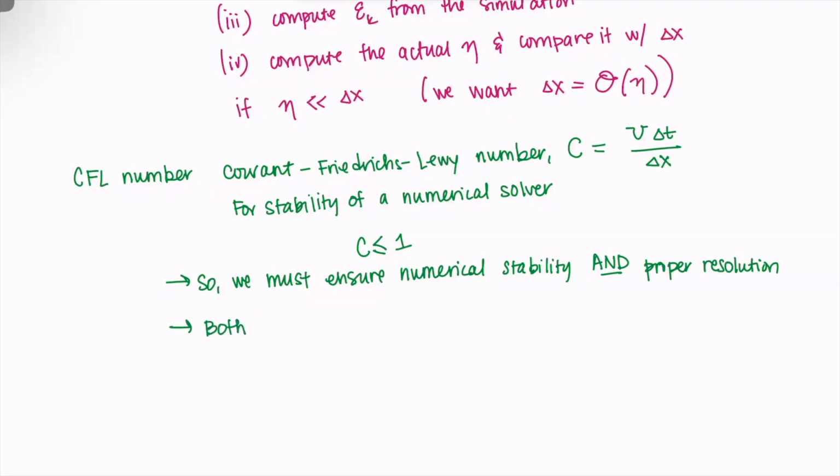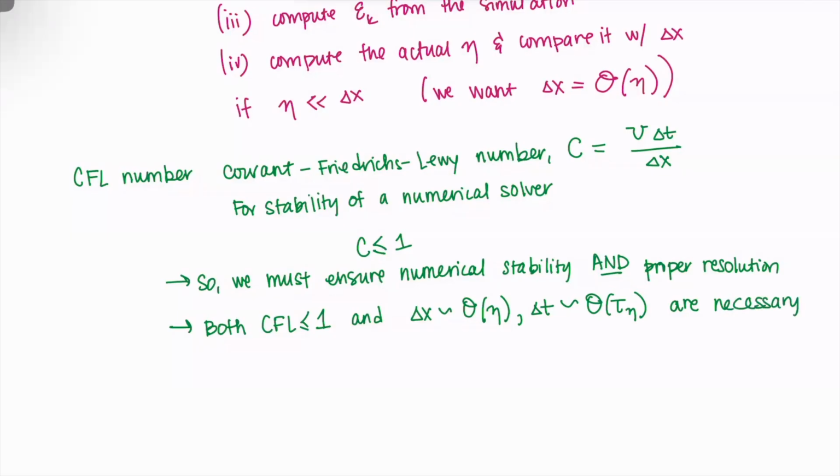Both CFL less than 1 and delta X on the order of eta and delta T on the order of tau eta are necessary but alone not sufficient. Very nice using the math terms.